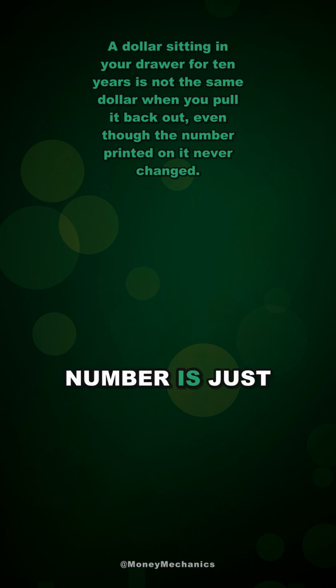A nominal number is just the raw figure, the number on the screen, unadjusted for anything. A real number is that same figure adjusted for the effect of rising prices, showing you actual purchasing power rather than a lonely digit. If your income grows 5% in a year, that sounds great in nominal terms. But if prices also grew 5% that same year, your real, inflation-adjusted position did not move at all.